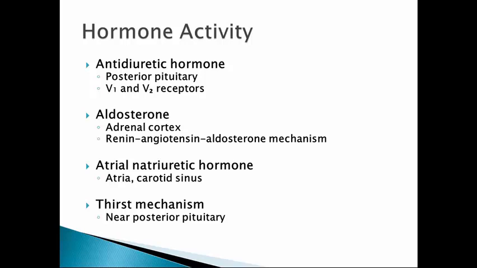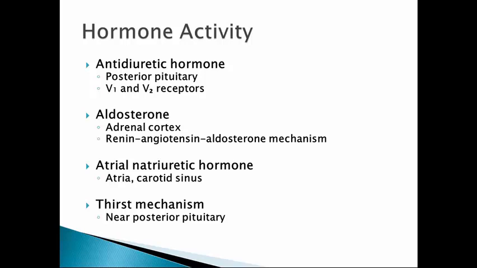So the net effect then under the influence of the natriuretic hormone is to excrete sodium and water. Because where these natriuretic hormones work is within the kidneys. They increase the afferent and decrease the efferent arterial pressure so that you perfuse the glomerulus better.